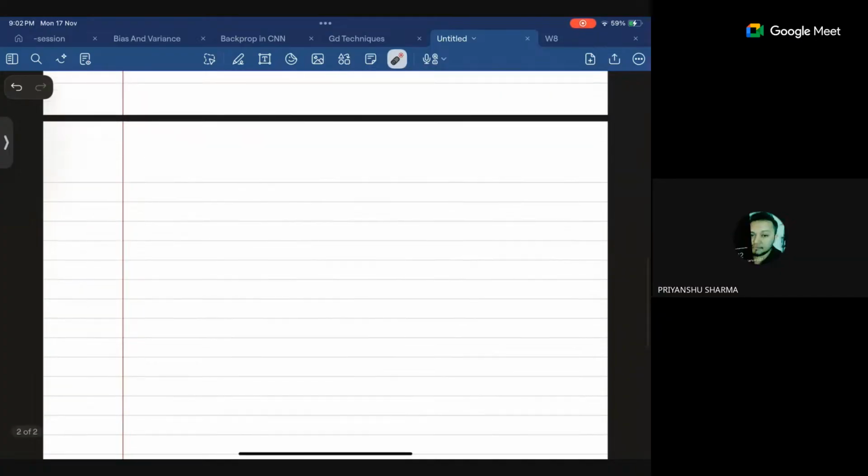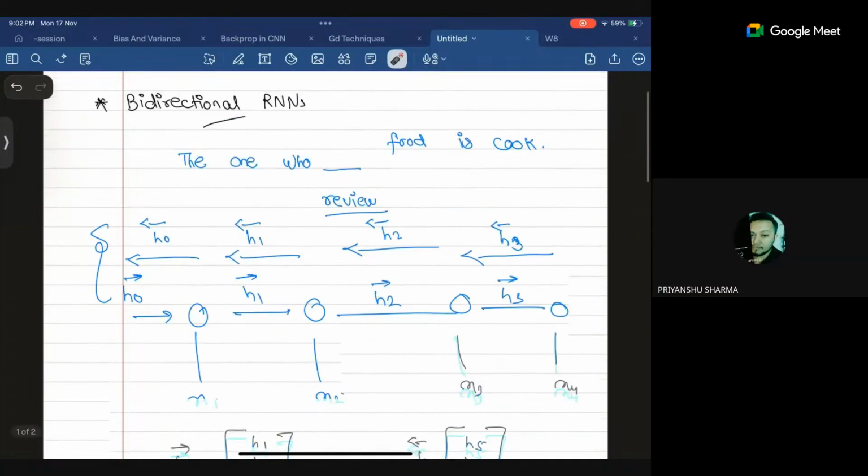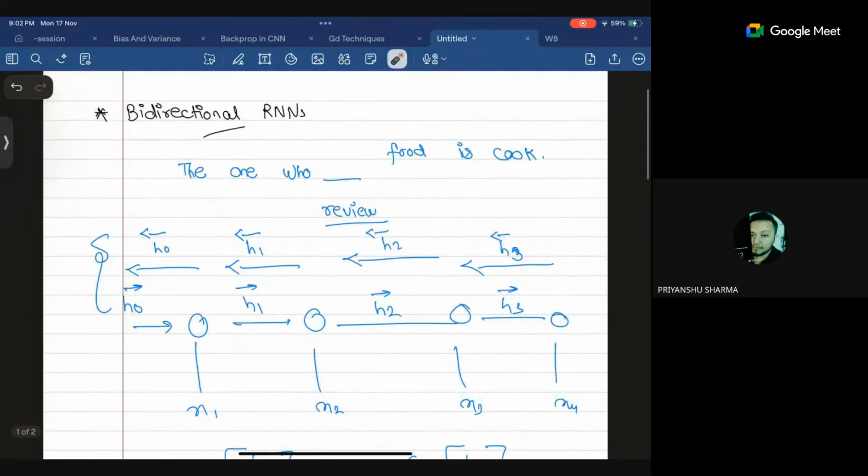Sir, what is the motivation to move away from LSTM to bidirectional RNN? See, LSTM is still a one-directional case, right? All the things are happening like this. The reason for moving from a one-directional RNN to bidirectional RNN is, as in this example, if I want to predict, let's suppose, what will be the next word after the one who.